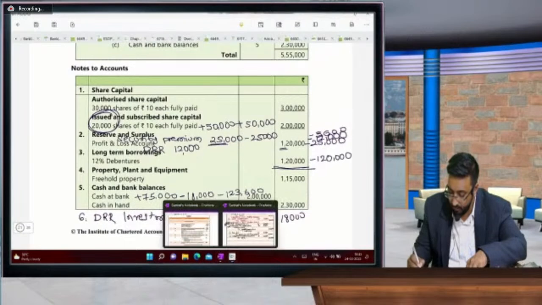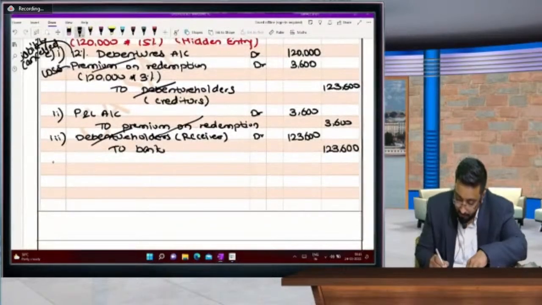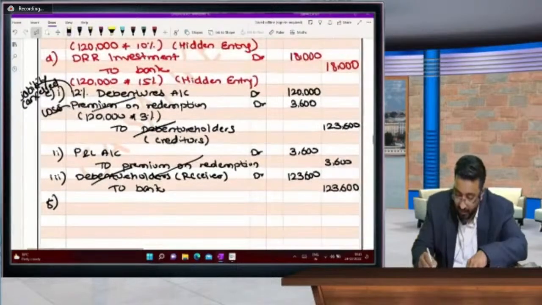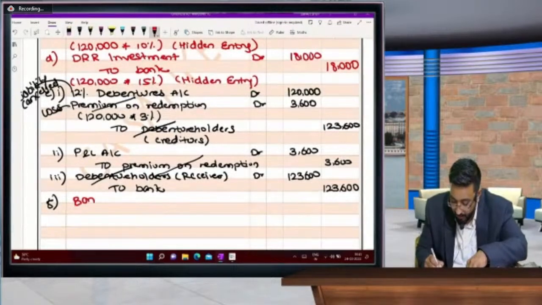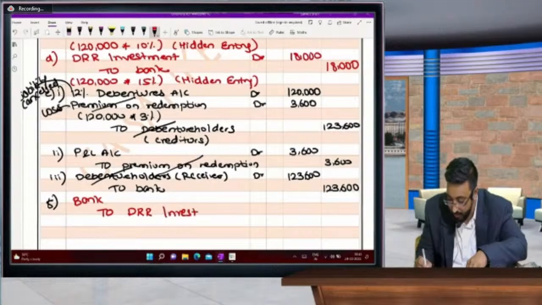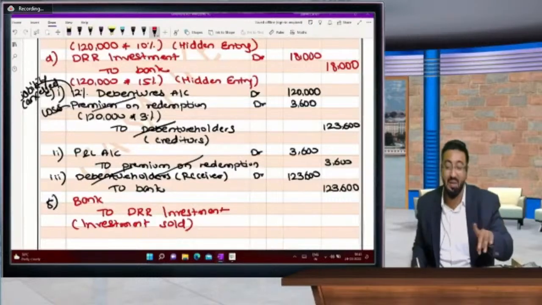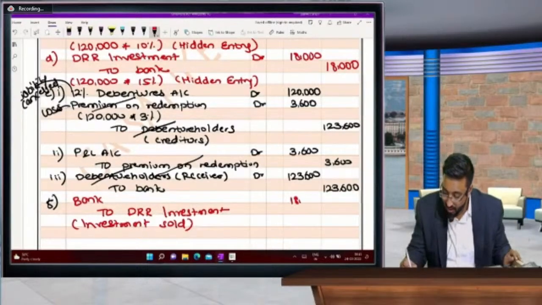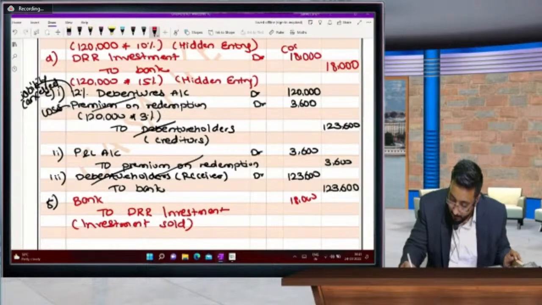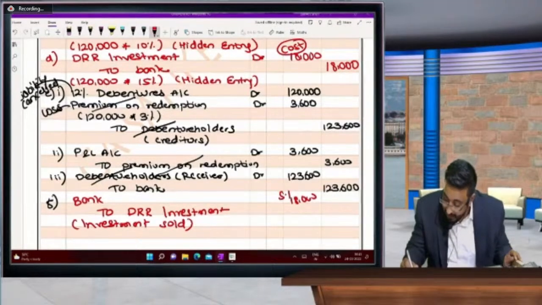Sir, for this purpose, first you sold that DRR investment, which we created. Now you sold it. Again, red pen. Bank account debit to DRR investment. Investment sold. Creation is also important and the same amount sold is also important. So selling, this is a cost and this is a selling price.